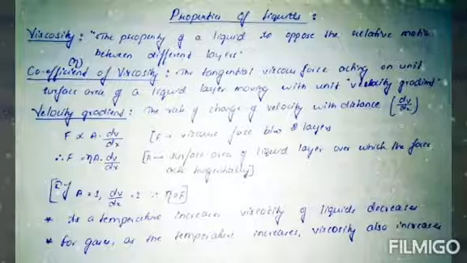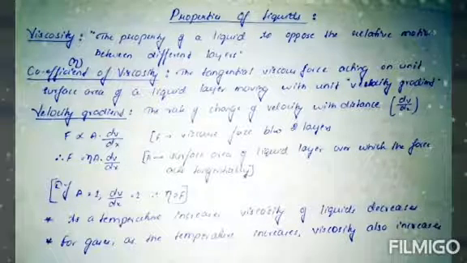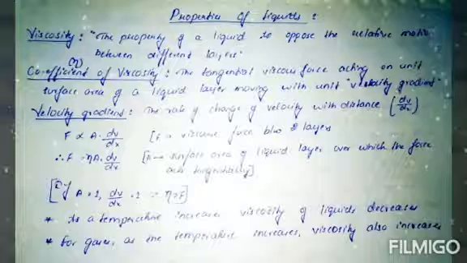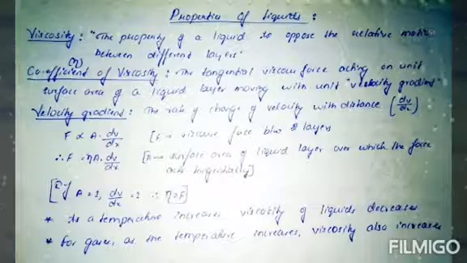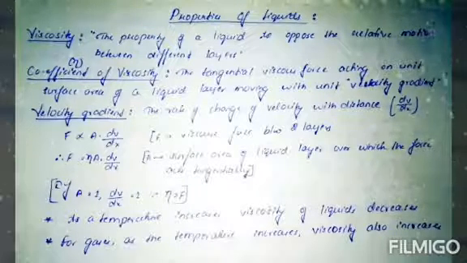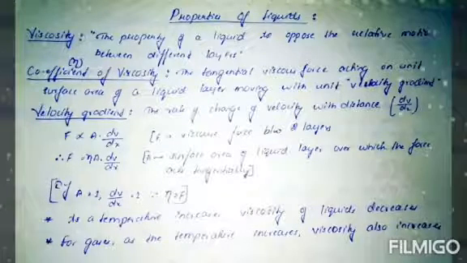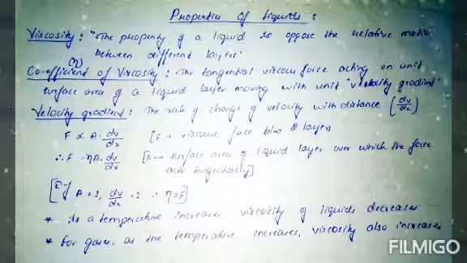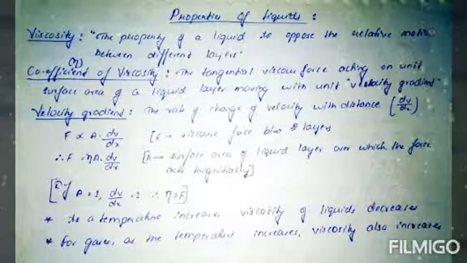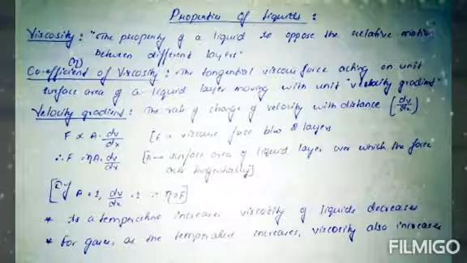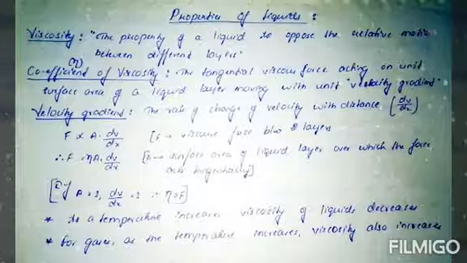The definition is: the rate of change of velocity with distance is called velocity gradient. And here is the formula: F is directly proportional to A into dV by dx, where dV by dx is nothing but the velocity gradient, A means area, and F means the viscous force between the two layers.